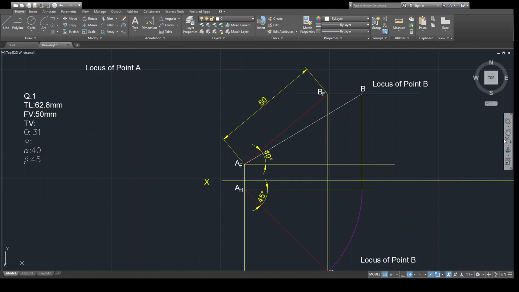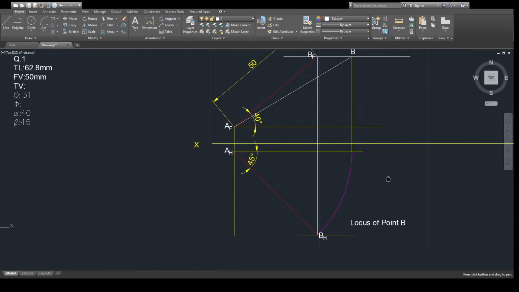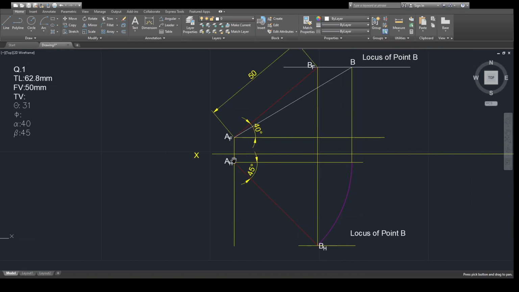Okay. Now how to find out phi? In order to determine theta, you have rotated the top view. In order to determine phi, you rotate the front view. So we will take one more arc, magenta color.